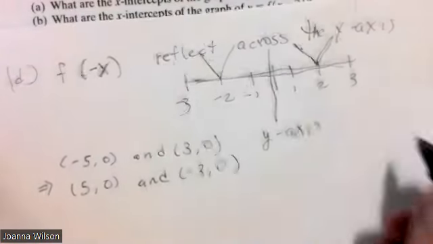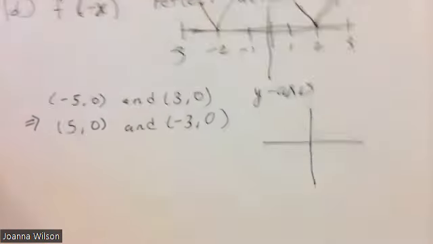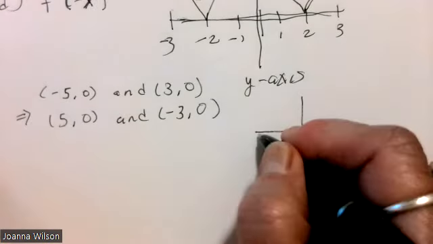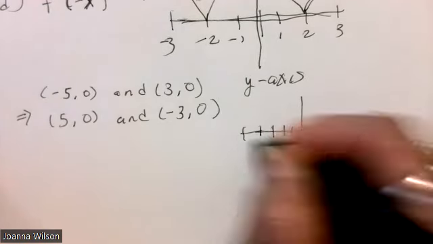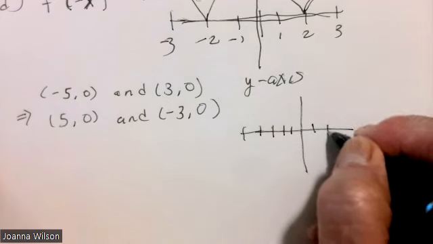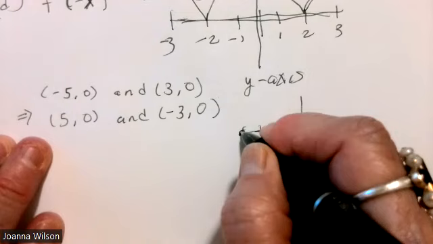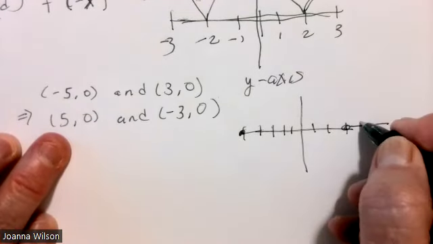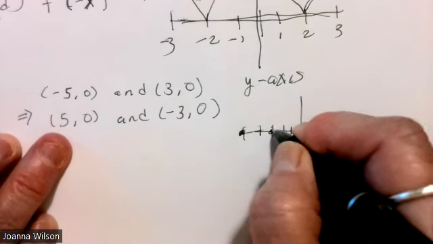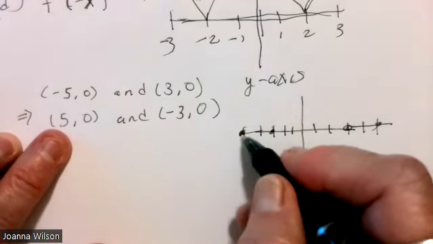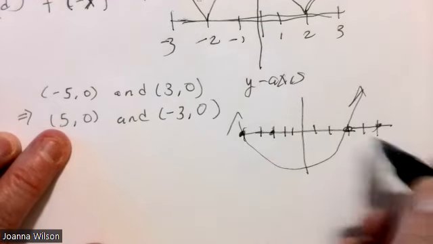So the graph had, and I don't really know what kind of graph this is, but it had x-intercepts here and here. And so now it's going to have x-intercepts here and here. So if it had gone like this, now it's going to go like this.